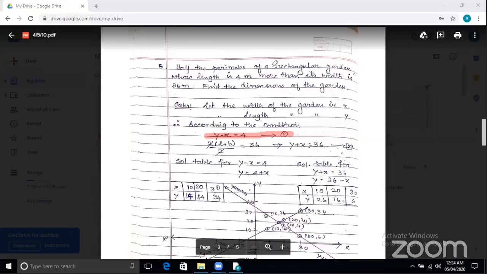This is the condition: whose length is 4 meter more than its width.